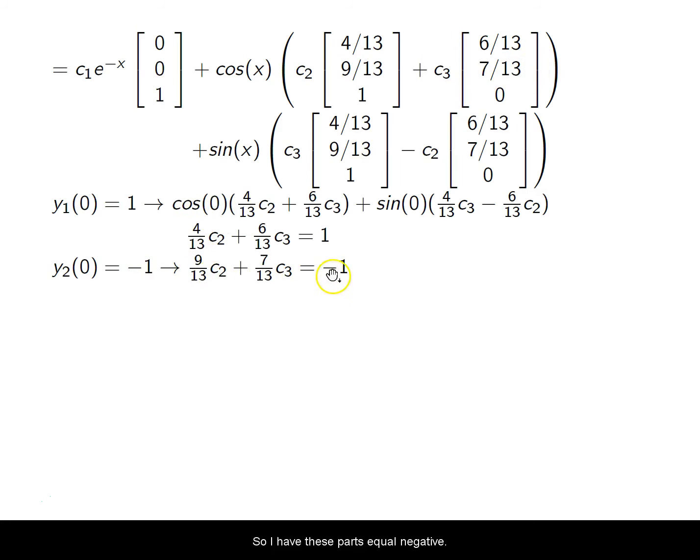So I have these parts equal negative 1. My last condition is that y3 of 0 is 2. This one actually shows up; that's the only time this one shows up. Again, this whole part goes away. I don't have to worry about that. And if you notice here, this cosine only has one C2. So I should have C1.